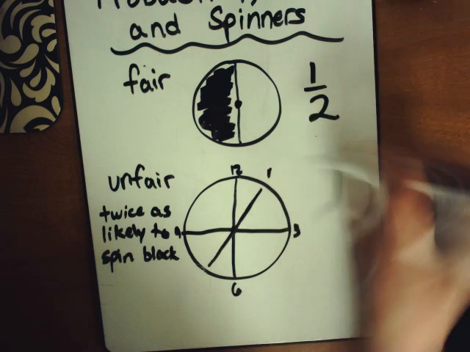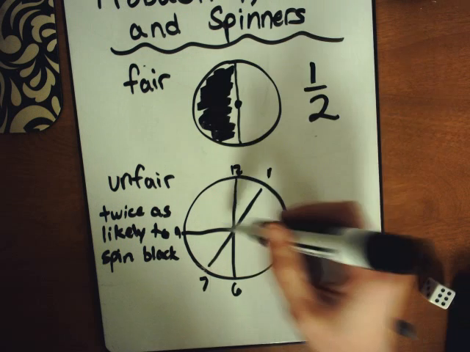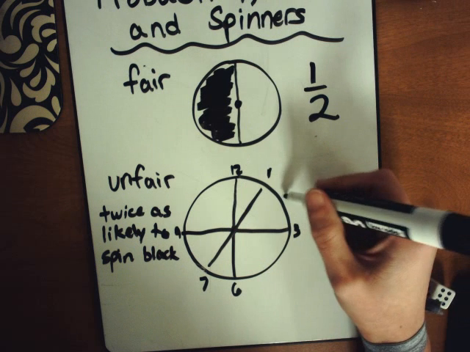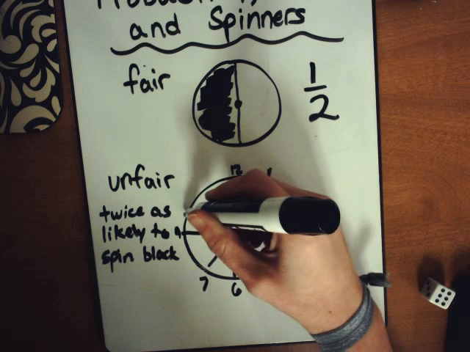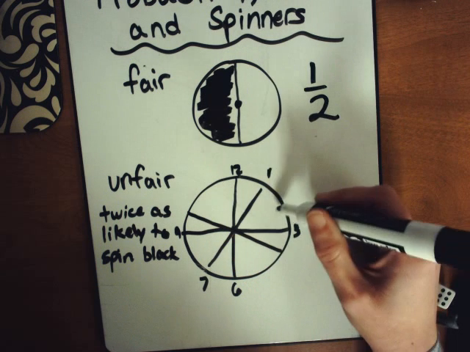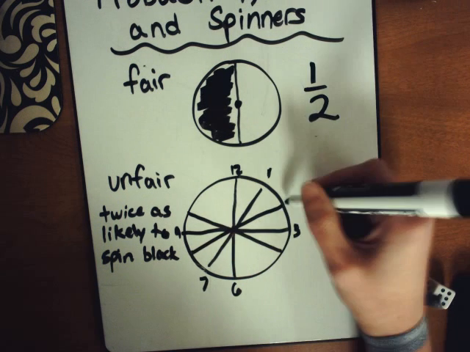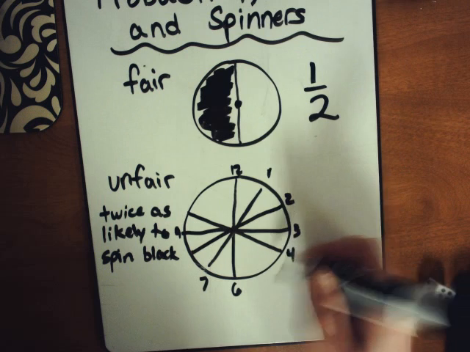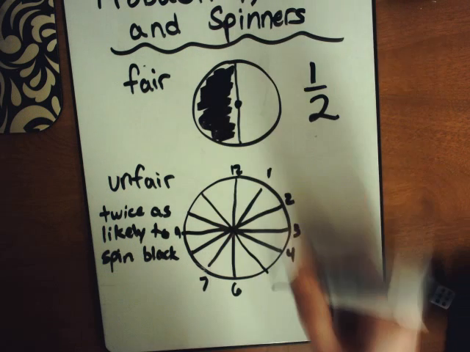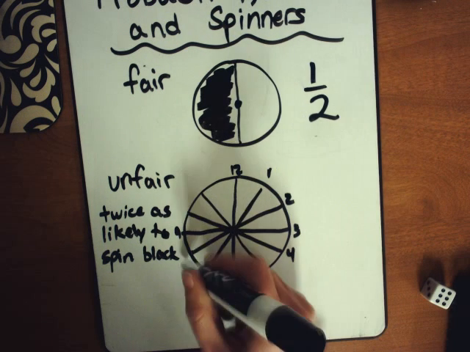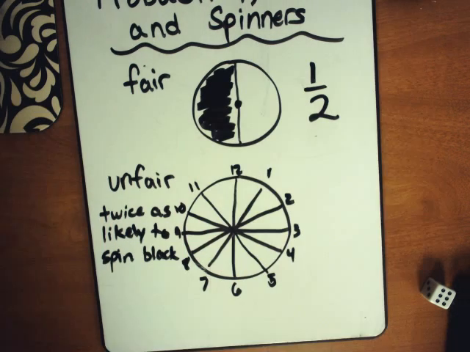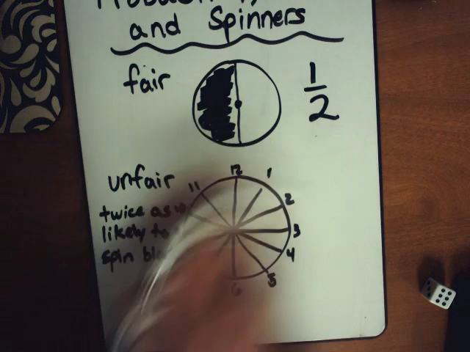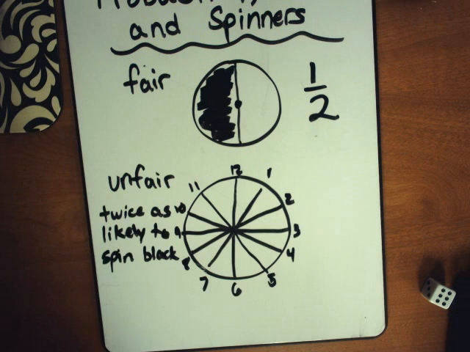So there's 1, 2, 3, 4, 5, 6, 7, 8, 9, 10, 11, and then 12. And it's helpful for me to break this up so that I'm able to do fraction of.